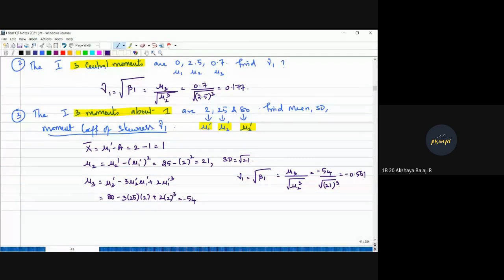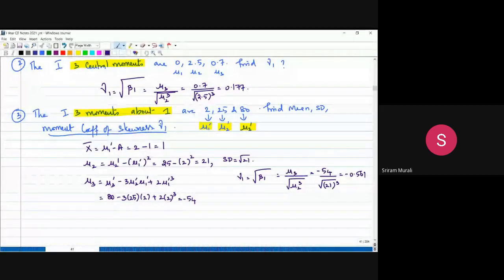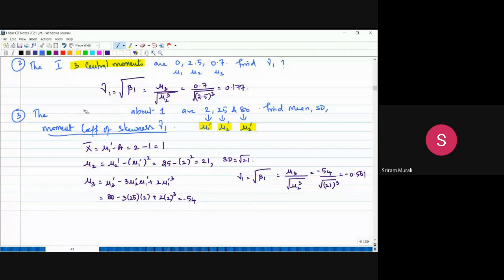Moments about 1 means raw moments. Moments about any fixed value are raw moments. About the arithmetic mean means central moments. Okay sir. If nothing is given, then we can only take central moments. If it is given without saying about 1, then it is a central moment. Here they have given about 1, the first 3 moments.